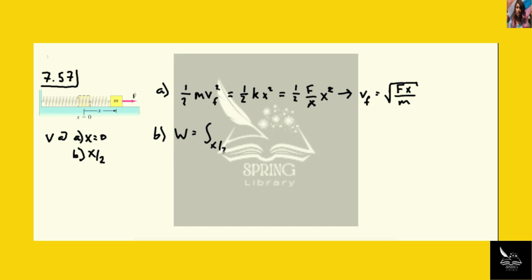So that work is the integral from x over 2 to x of F dx. Again, it's a little bit unfortunate that these x's are constants, but then the x in the integral is a variable.